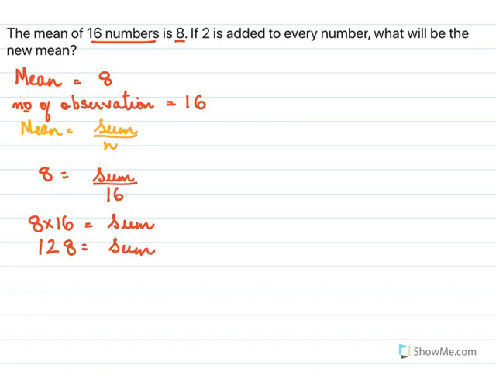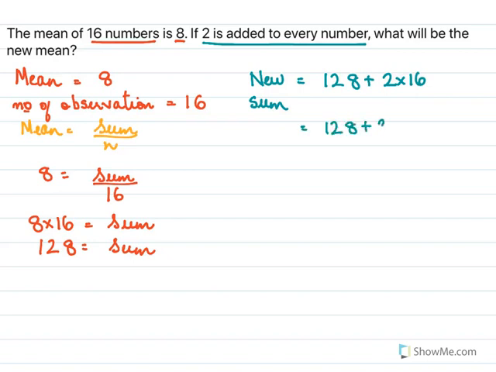Now after this they do some changes and they say 2 is added to every number. So we'll get a new sum. The new sum will be 128 and 2 is added to every number. There are 16 numbers. So 2 plus 2 plus 2, 16 times.